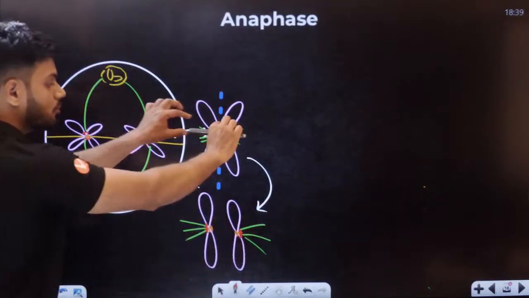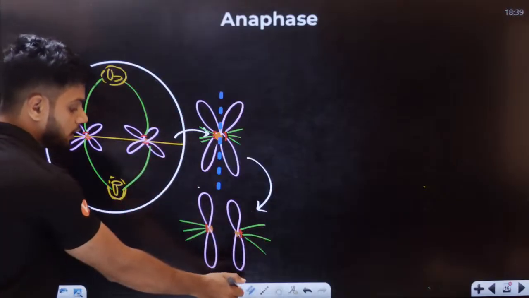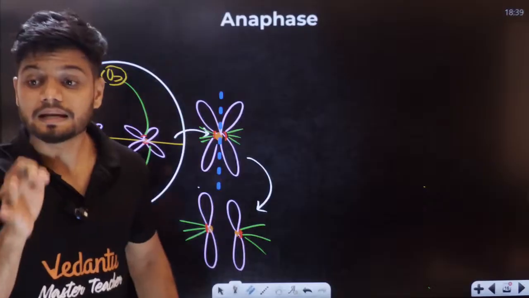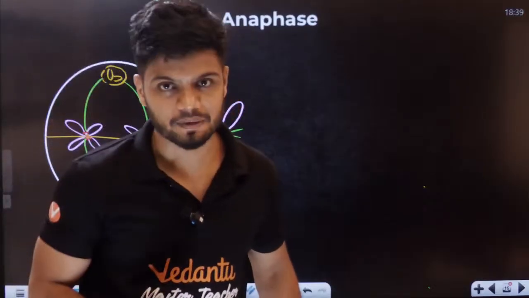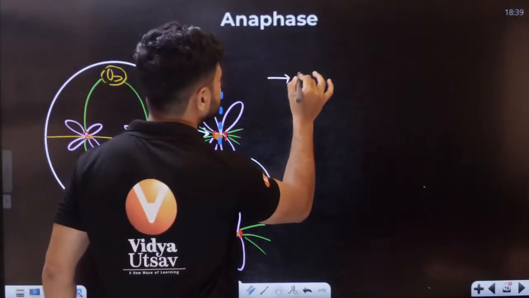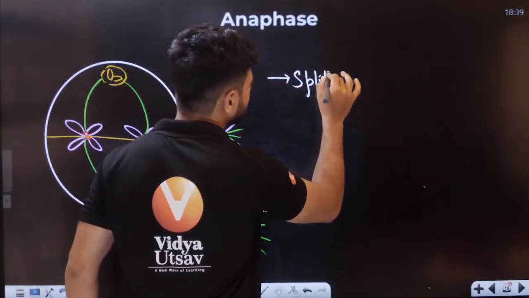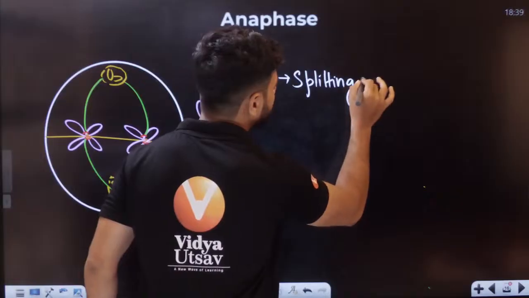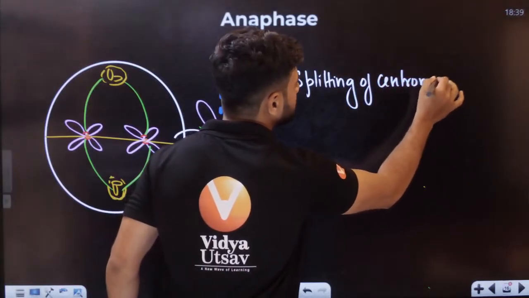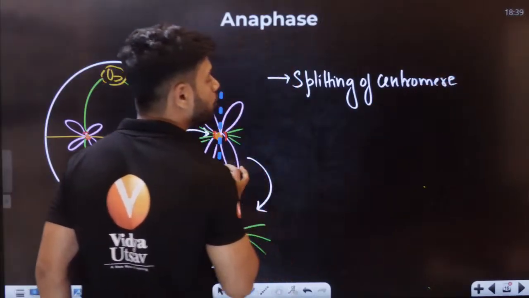Because we pulled it from both the sides, it broke open. What broke actually, students? There is something called the splitting of centromere happening here. Now, if centromere splits, what happens?